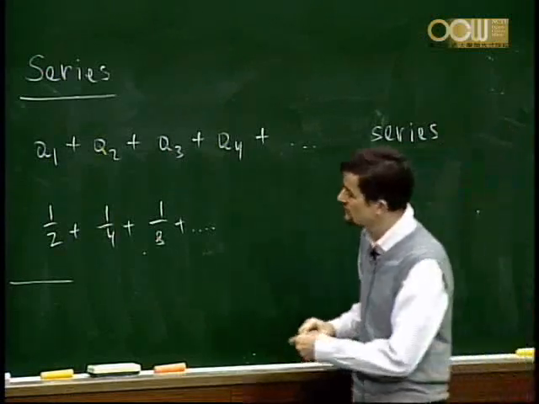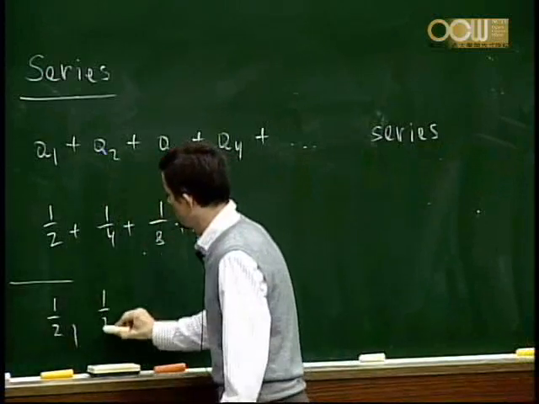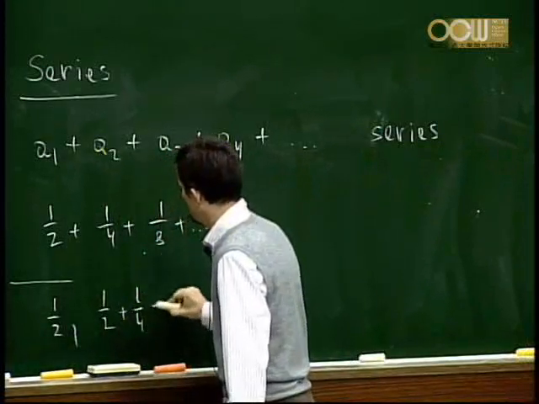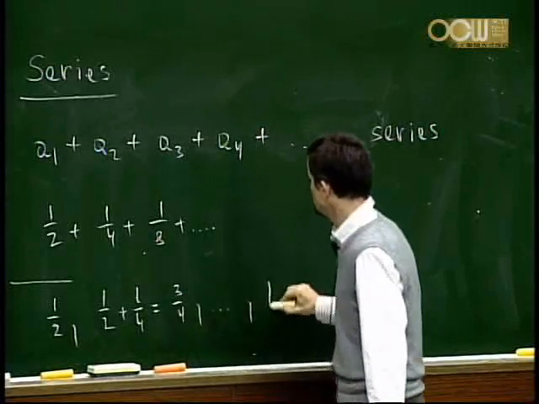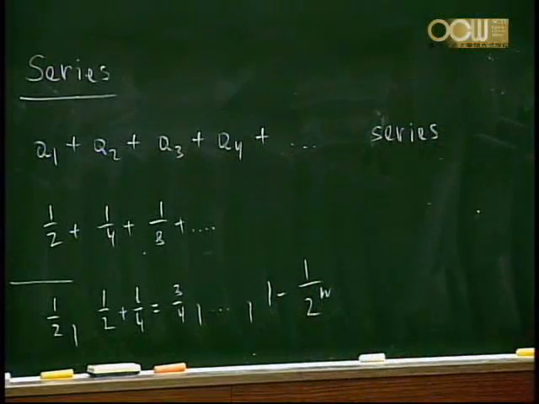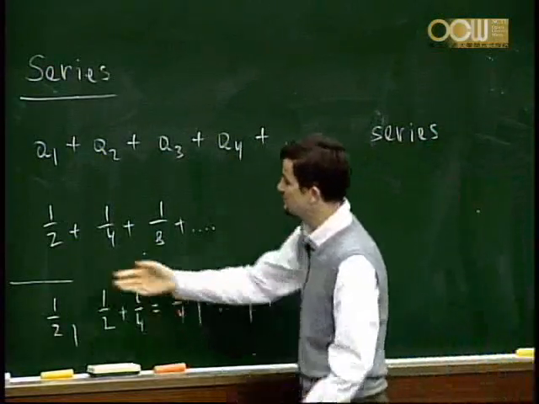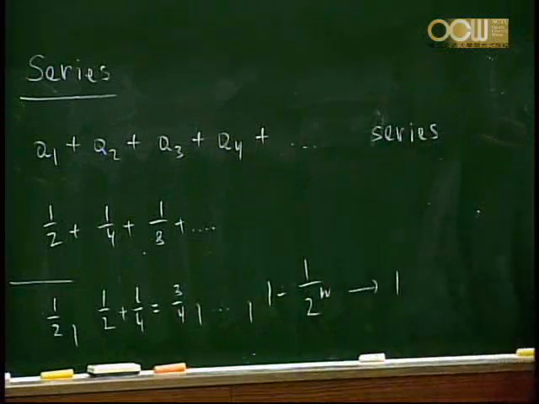This sequence will start with first 1/2, then 1/2 plus 1 over 4, which is 3 over 4. And you go on like this.